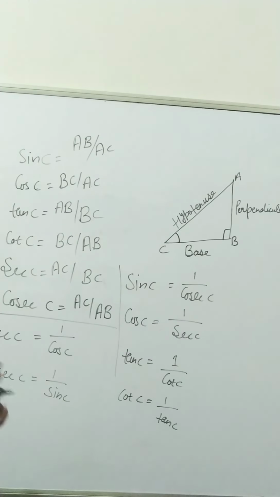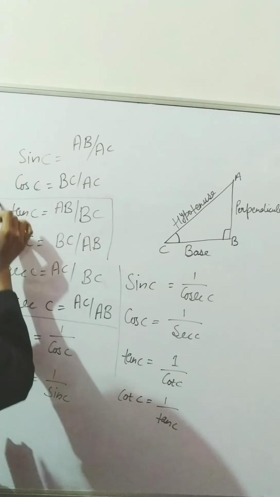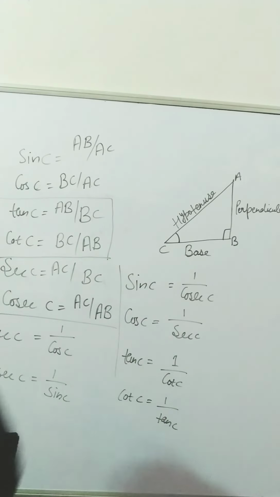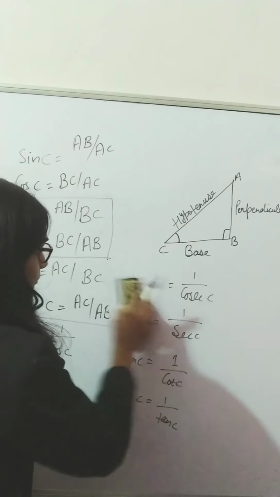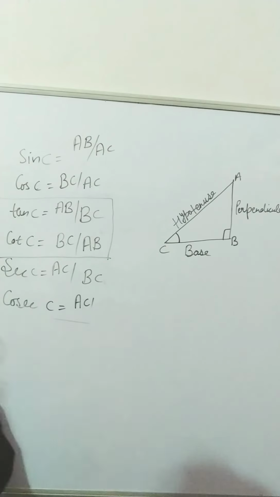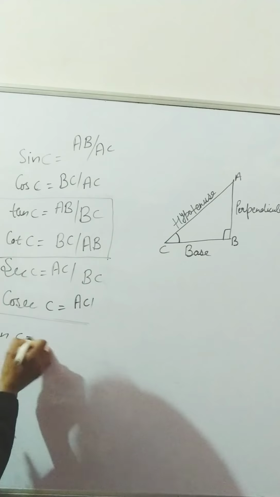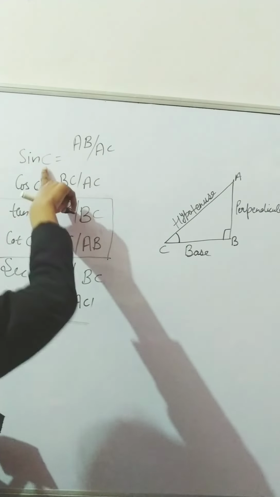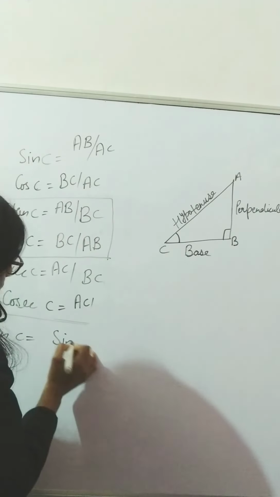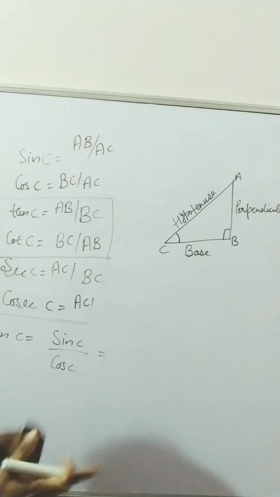One thing we can notice is that tangent C and cotangent C can also be written in another way. Tangent C is equal to sin C divided by cos C. Why? We can also prove this.